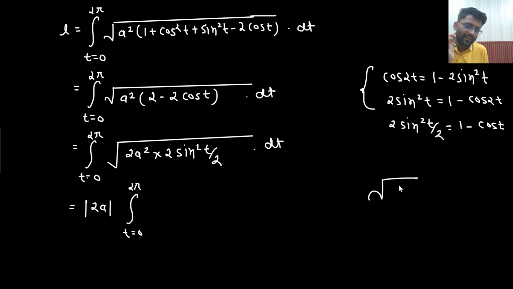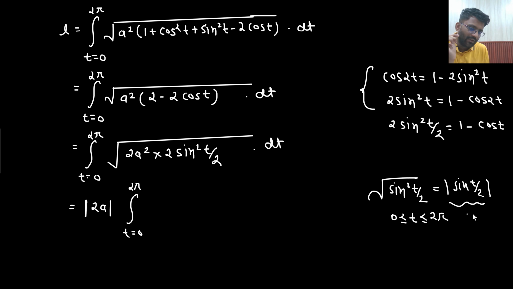So someone would say that, sir, under root sin square t by 2 would be opened as mod of sin t by 2. No doubt in that. But if your t is between 0 to 2 pi, you would see that this value is always positive. So this will be opened as sin of t by 2 only dot dt.